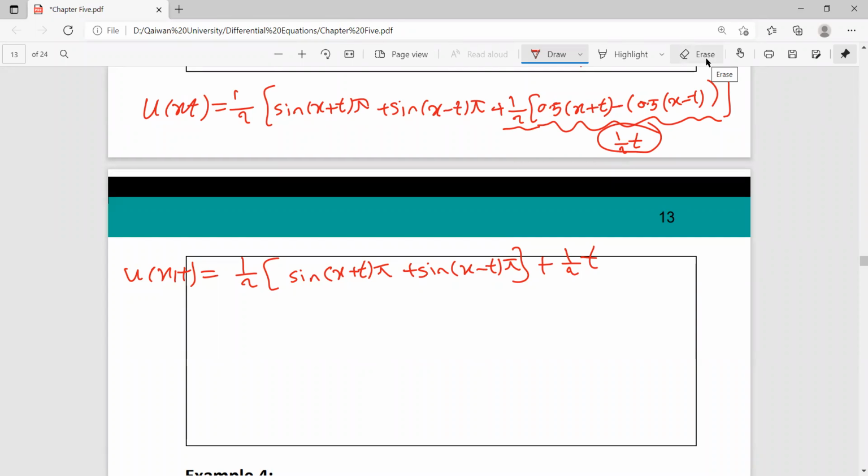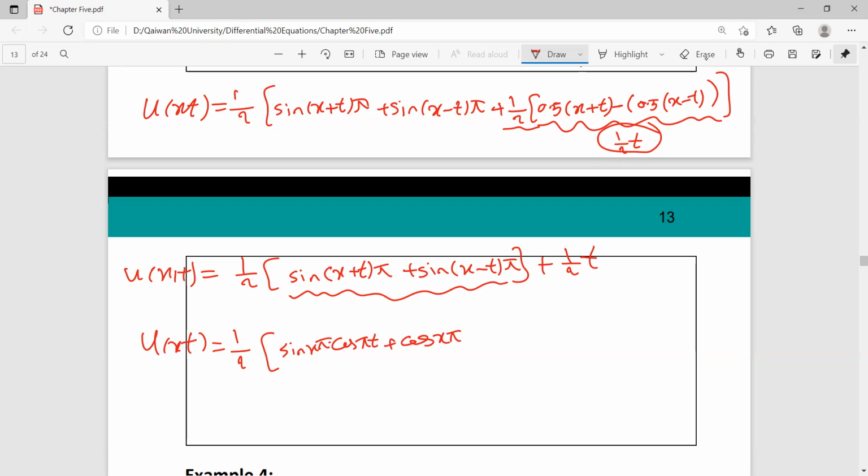So now we can use the trigonometric identities to expand these two sine functions. So u of x,t equals a half. Here, sine of (x plus t) pi equals sine x pi cosine t pi plus cosine x pi sine pi t.